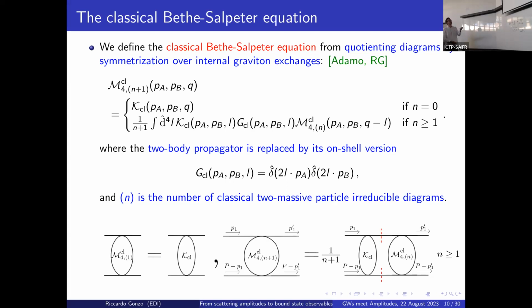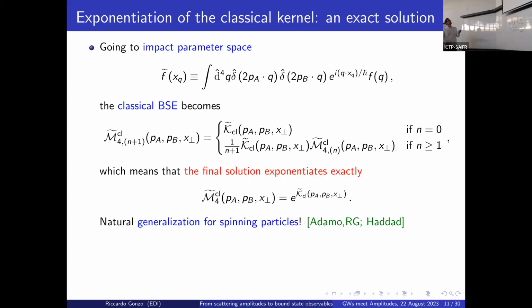So you want a Fourier transform essentially in this exchange momenta, okay? And I will say more about this later because it's very interesting from a perspective. So as I said, you do a Fourier transform in impact parameter space, and what you get is that what before was a convolution becomes a product.